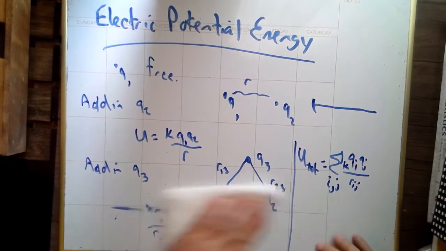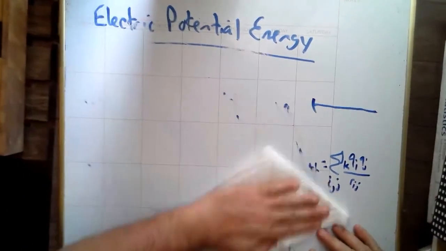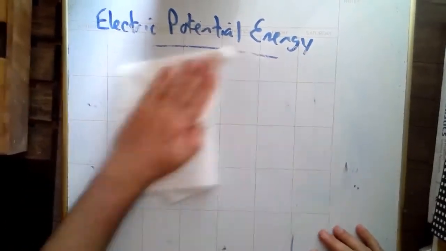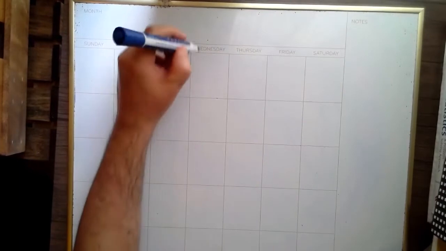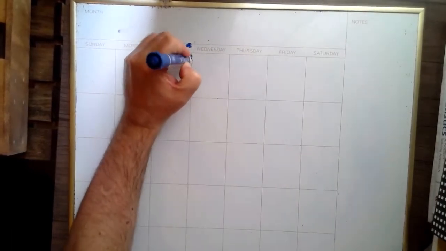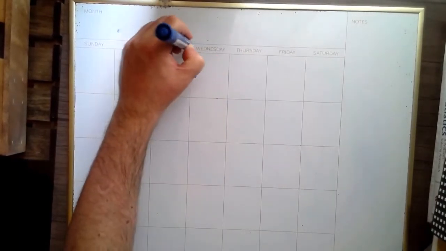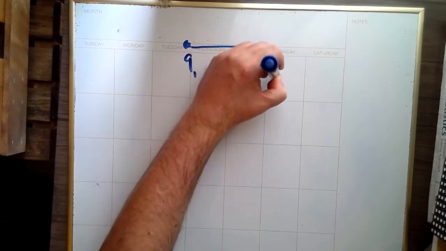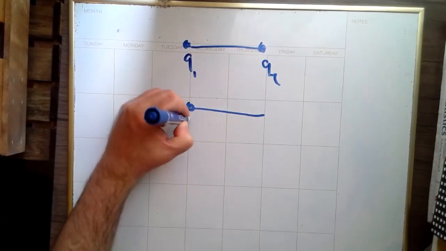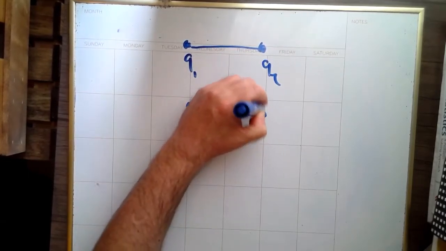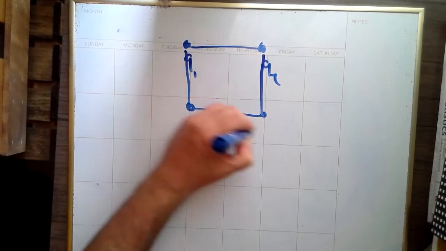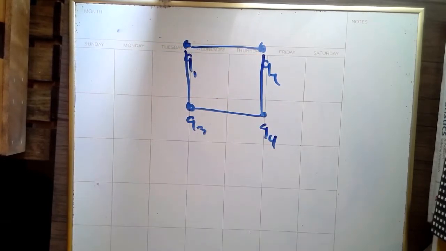Okay, so say for example, we wanted to work a problem where we built 4 charges into a square. We wanted to find the total electric potential energy to do that. So we won't do this with numbers, we'll just do this conceptually. Q3 and Q4. Okay, and we have all these different distances.